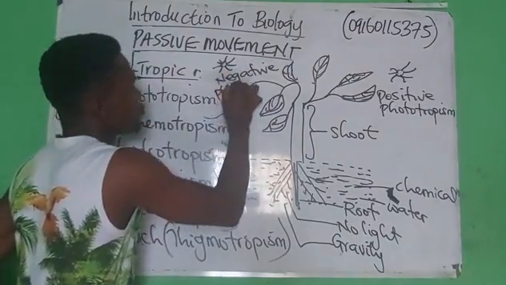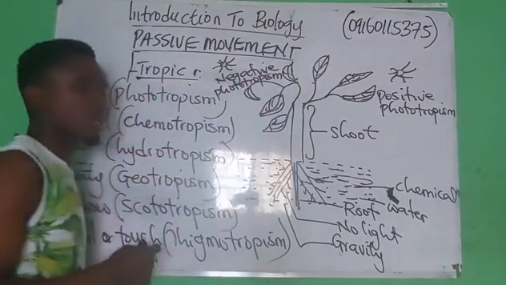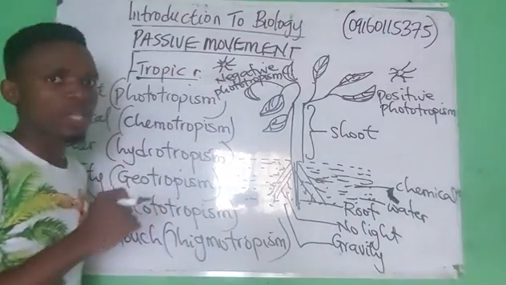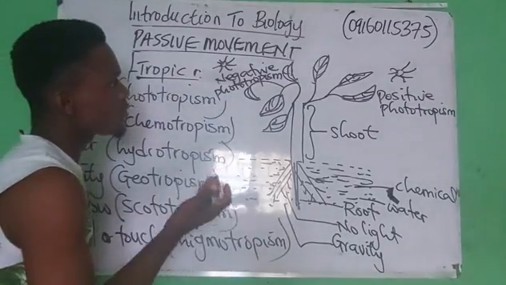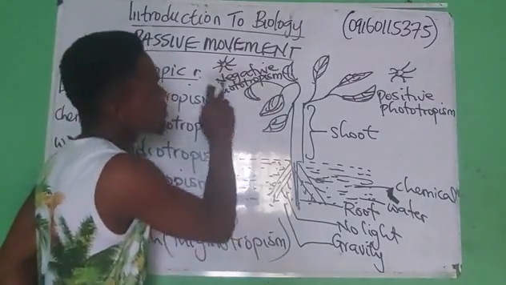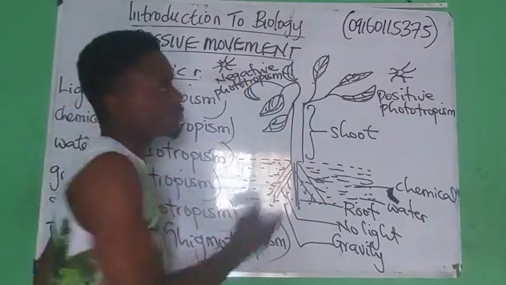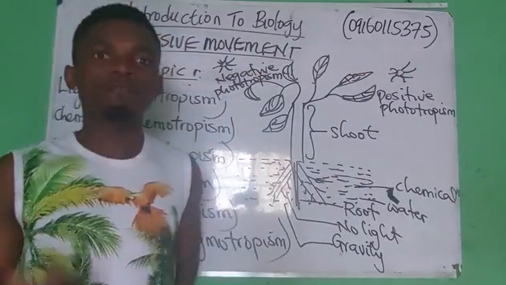Negative what? Phototropism. Because excess sunlight can actually result in the death of the plant. So it means that moderate sunlight is required, not excess sunlight. So when the leaves bend away from excess sunlight, you say negative phototropism. Just as this one is bending towards sunlight, and it's positive what? Phototropism.